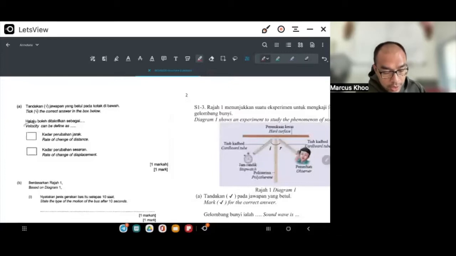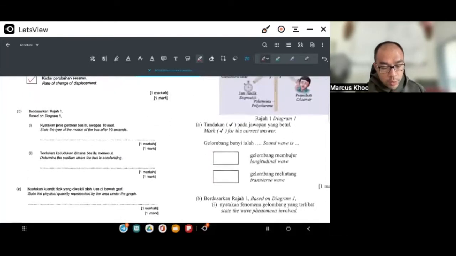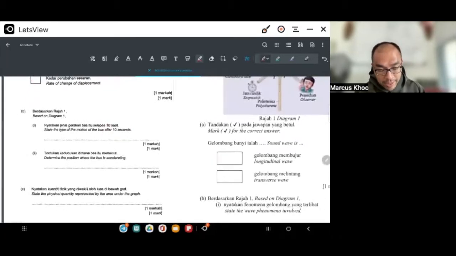The first question is how velocity can be defined. Velocity is the rate of change of displacement, because rate of change of distance is speed. Distance is a scalar quantity, velocity is a vector quantity. State the type of motion of the bus after 10 seconds.